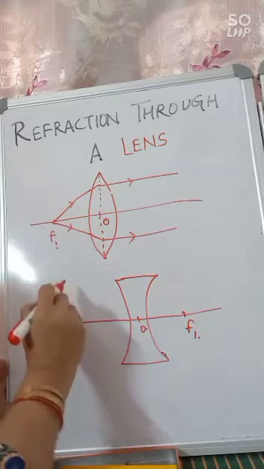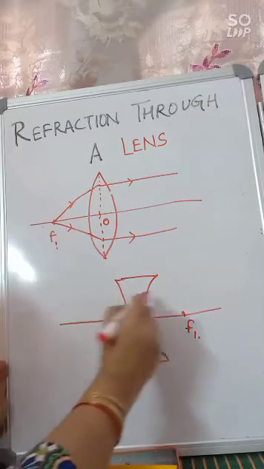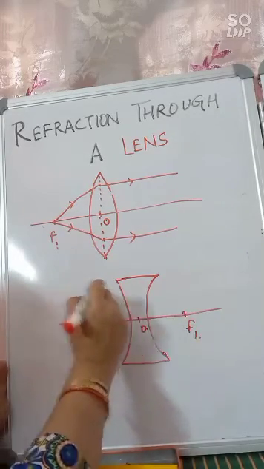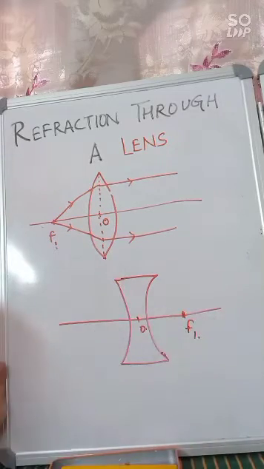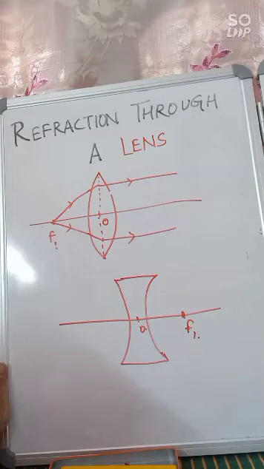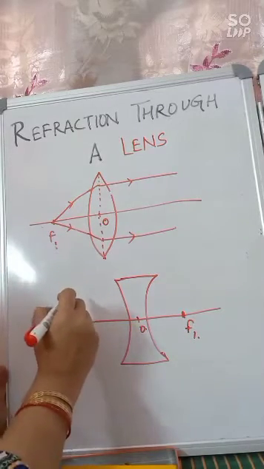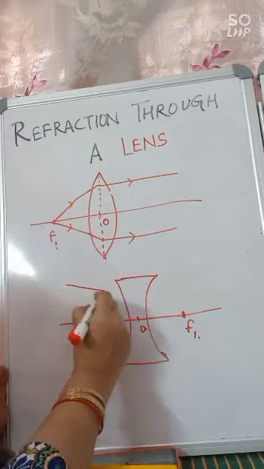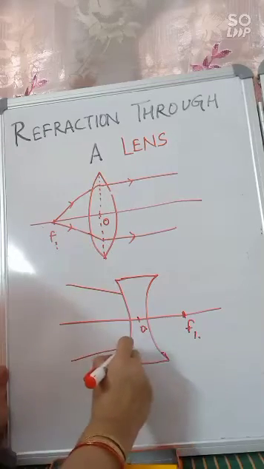Now the rays are coming from your first focal point for the concave lens. So the ray is coming here, from here.